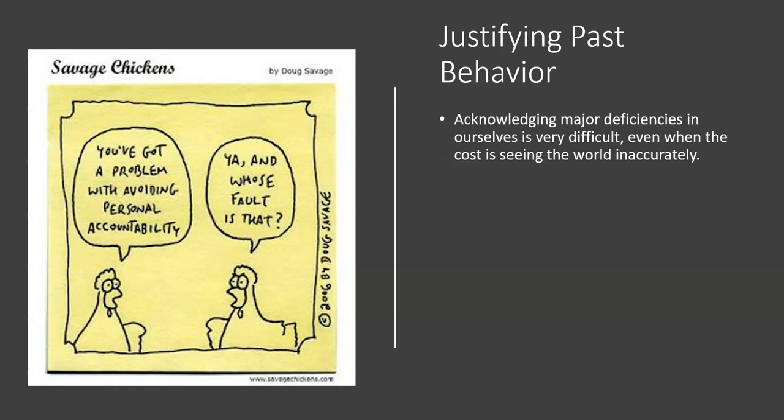And the one chicken here says, "You've got a problem with avoiding personal accountability." And the other chicken says, "Yeah, and whose fault is that?" Basically implying that it's the first chicken's fault, or someone else's. That is a tendency that human beings have. So, think about a time when you've done something particularly stupid or just insensitive to another person.